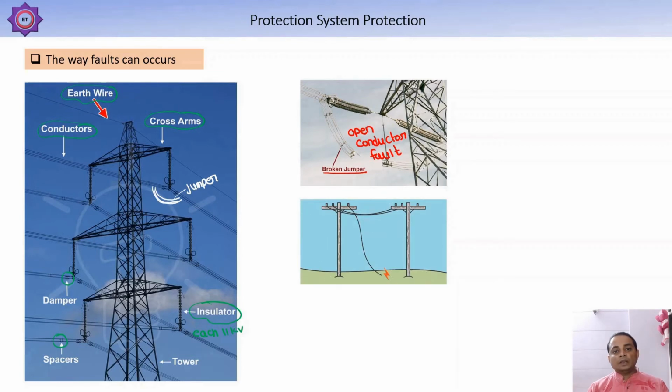If one of the lines breaks and falls on the ground, it is considered a single line to ground fault with high impedance.